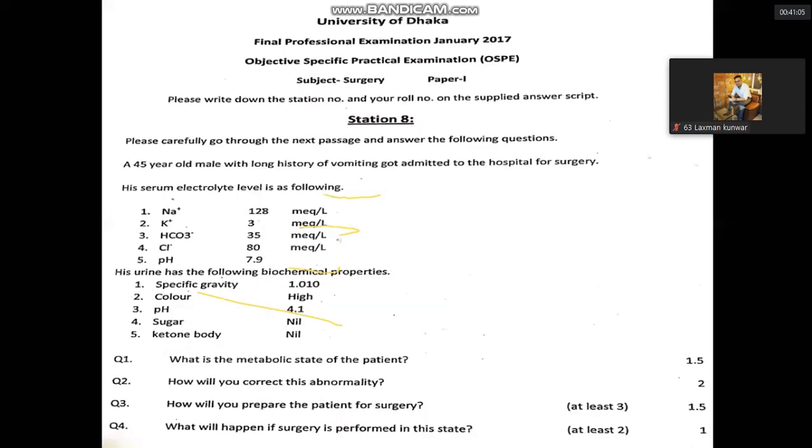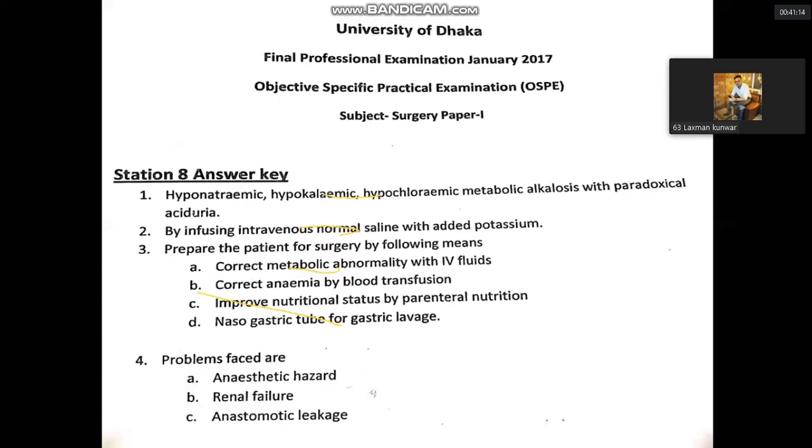Now, next question is, how will you prepare the patient for surgery? Correction of dehydration, electrolyte imbalance, correction of acid-base abnormality, malnutrition.